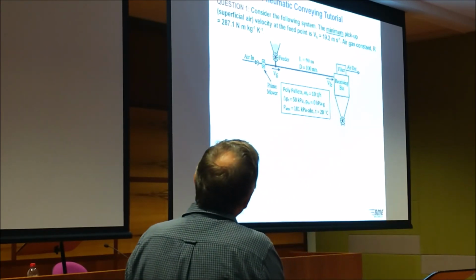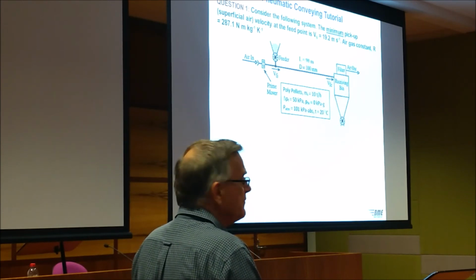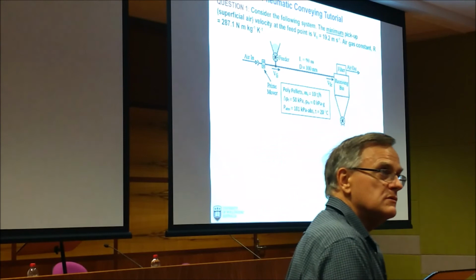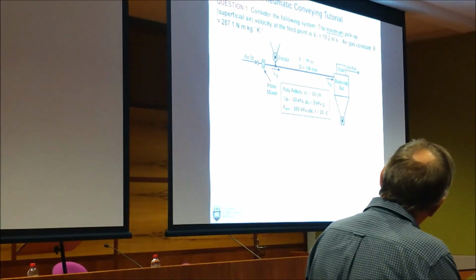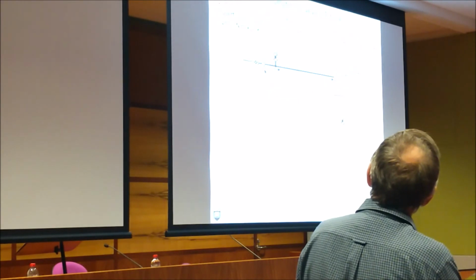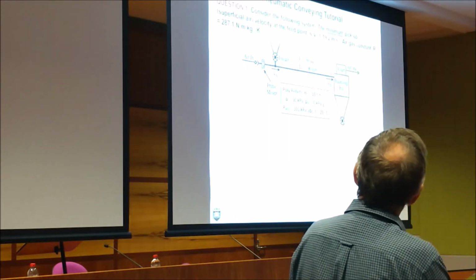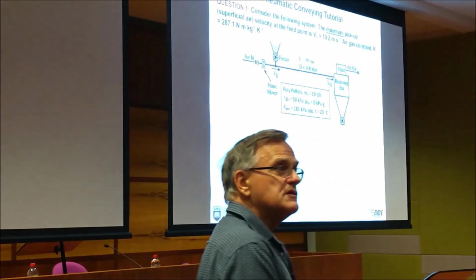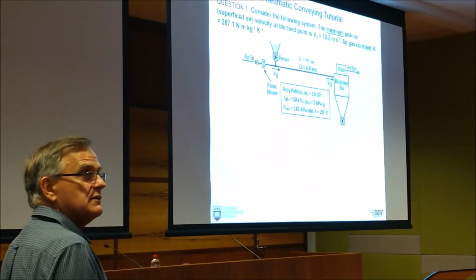Anyway, atmospheric conditions. If I put in my ideal gas equation 101 kPa absolute, divided by RT, where R is the gas constant for air, it's probably a little bit different from what you learnt in fluids. This is how we do it in pneumatic conveying.